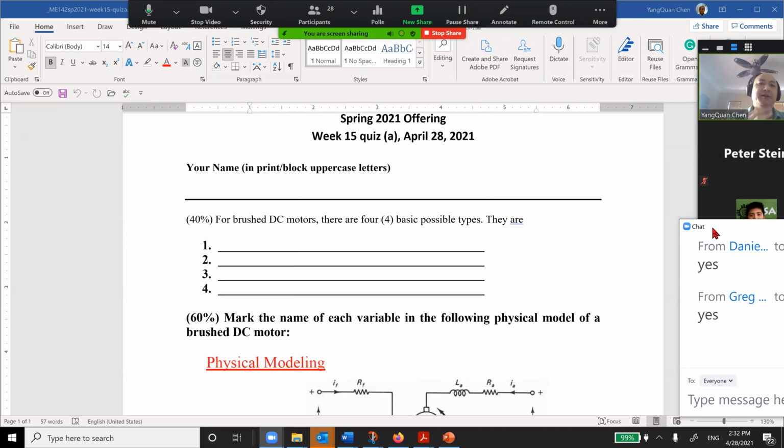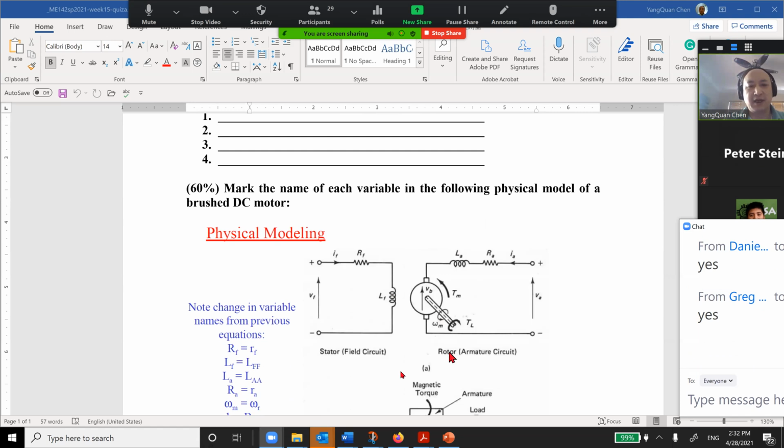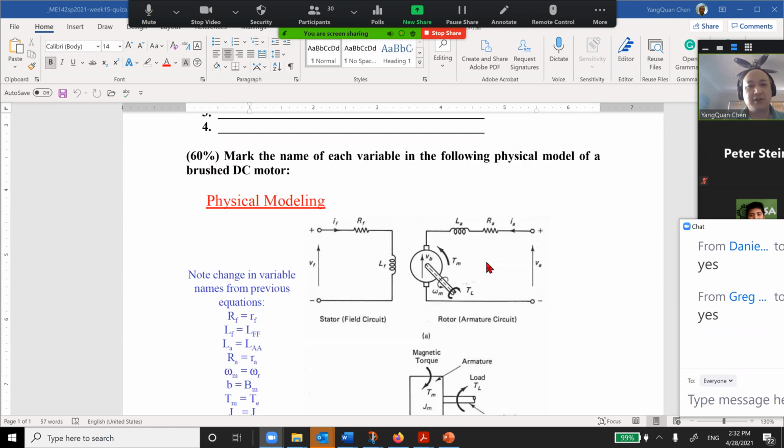So today's quiz regards brushed DC motors. What are the four basic possible types? That we will get to at the very end of the lecture. Also at the very end, I'm going to tell you what this means for a motor system. Basically, you have a motor, you have a shaft, then you have a load.